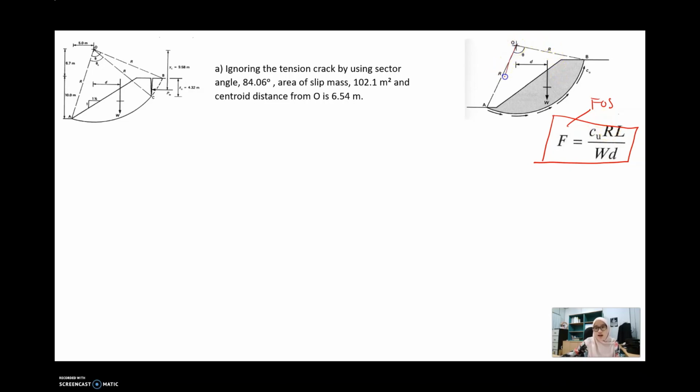Here is the radius R. L is the sector arc length, which can be determined by R theta. It should be divided by W, where W is equal to area times unit weight, and D is the centroid distance.